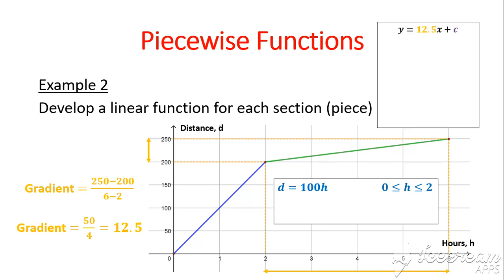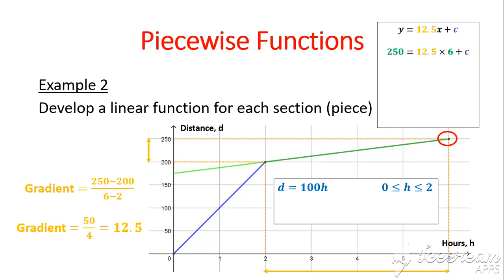So let's go up here and work with that, because what we don't know is the y-intercept. We can't read it off the graph and we're not going to guess. So to work it out, we're going to pick one of these 2 points that the graph does pass through. It doesn't matter which one you pick. I'm going to pick 6 hours and 250 kilometers.